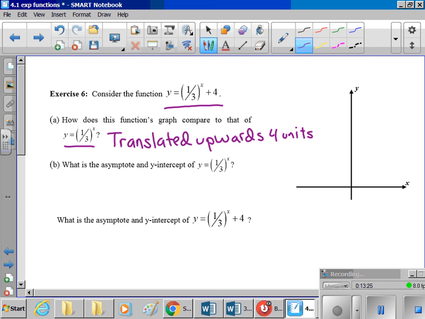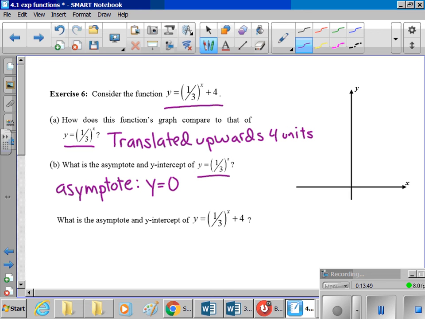All right, so what is the asymptote and y-intercept of our pre-translation function, y equals 1/3 to the x? Well, before we do any translation, our asymptote is going to be y equals 0. Before we translate, it's always going to be y equals 0.